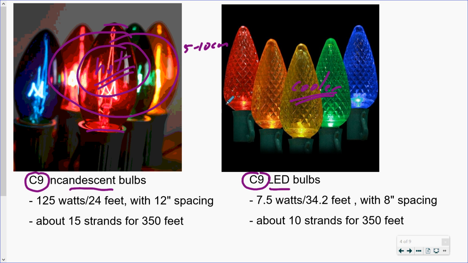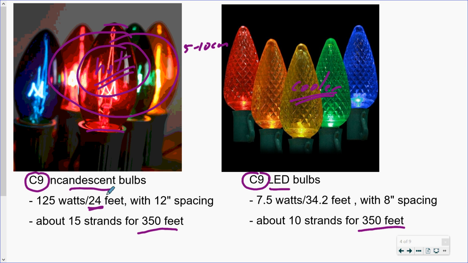Anyway, for this example, we're going to compare the two by saying that we want to string along 350 feet of this lighting on the outside of our house. I did a little bit of internet searching, and what I found is that you can get a strand of the incandescent lights 24 feet long.